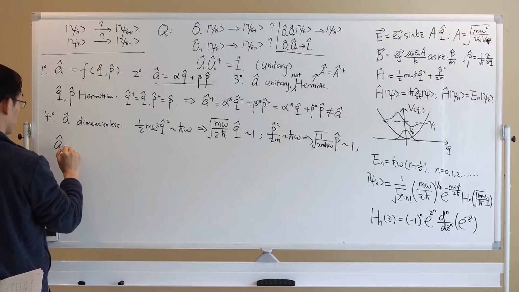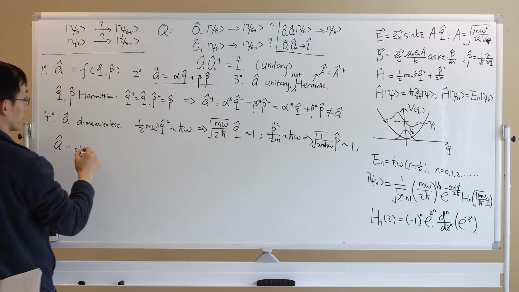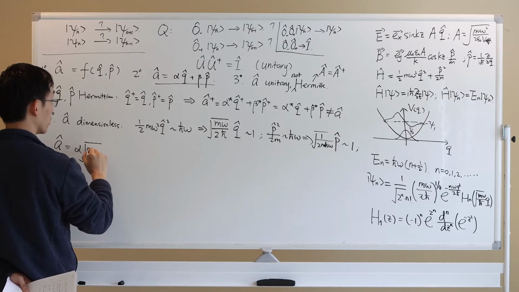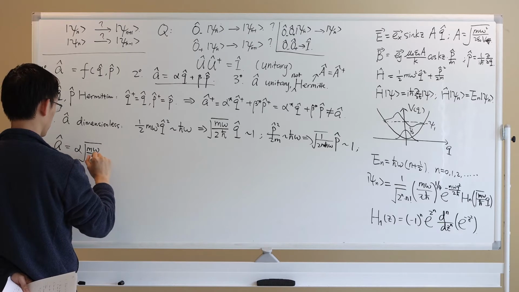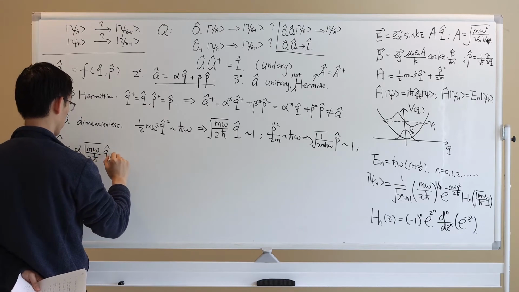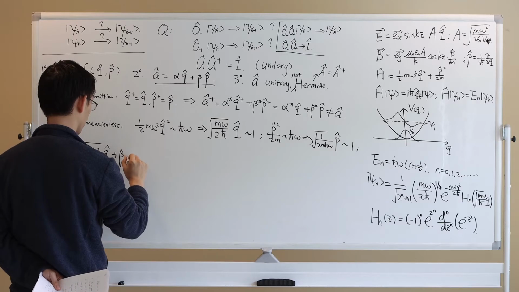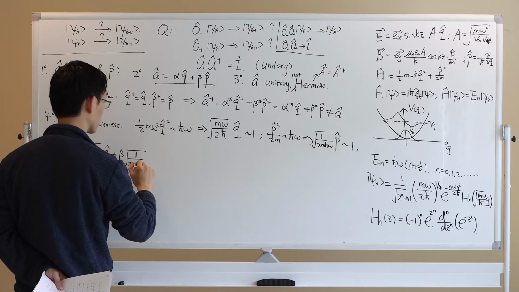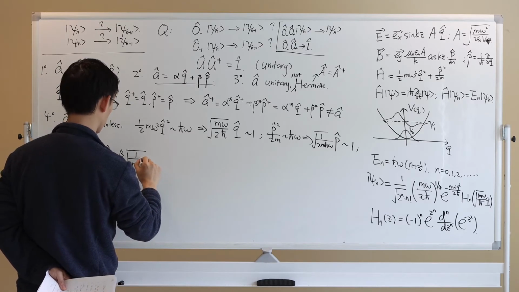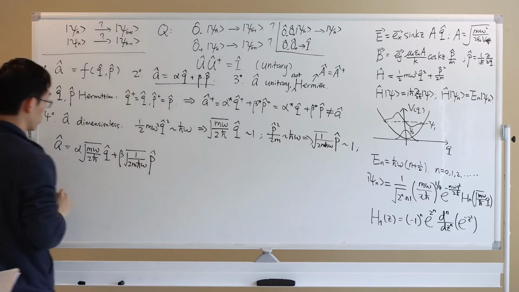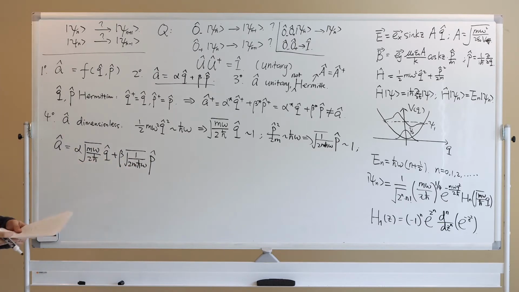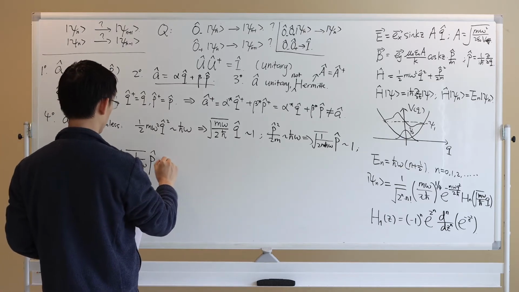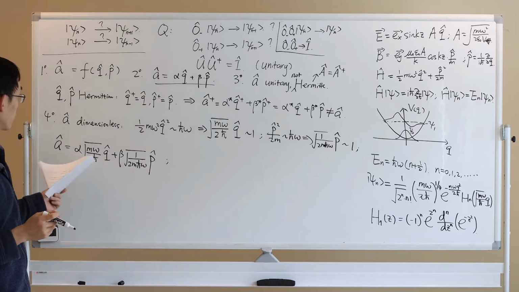A is now alpha, a different alpha, times the square root of M omega over 2 h bar times Q plus beta times P. So in this way, alpha and beta are just numbers, so that A will be dimensionless.